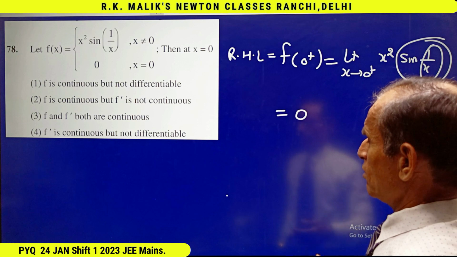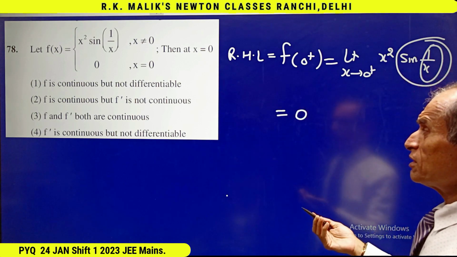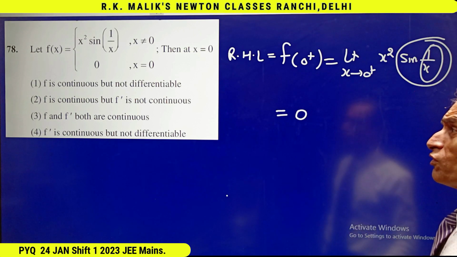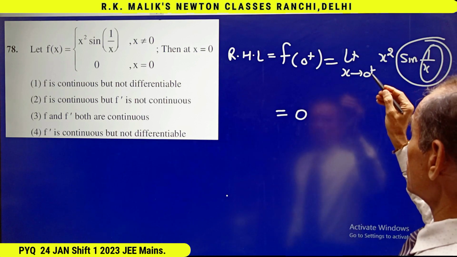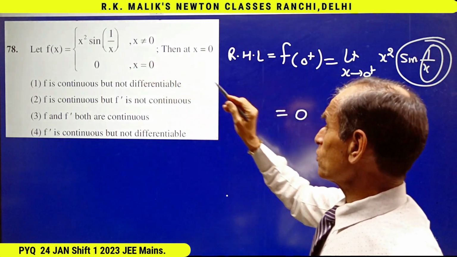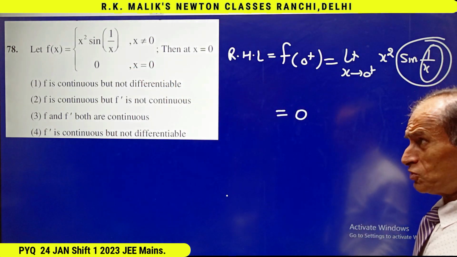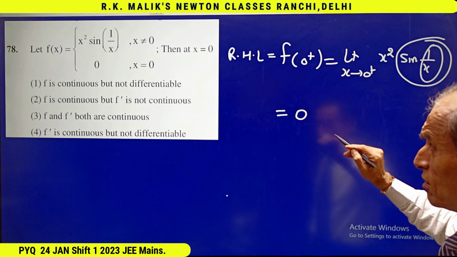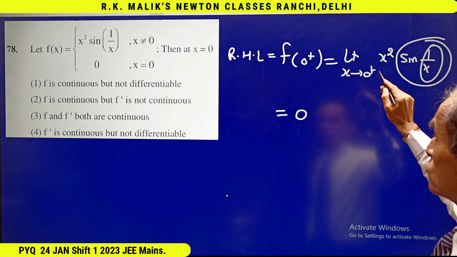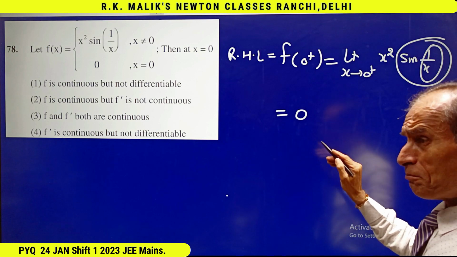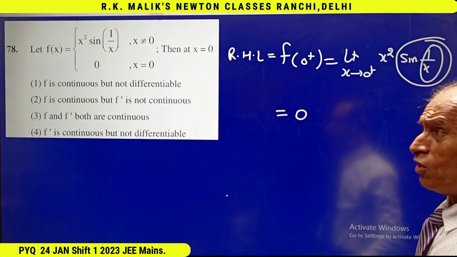And to find the left hand limit, either we can proceed directly as in this case, or we can proceed this way also: because the right hand limit is 0 and this function is odd, the left hand limit will also be 0. Had the right hand limit been 7 for x tends to 0 plus, then the left hand limit would be minus 7 because the function is odd.